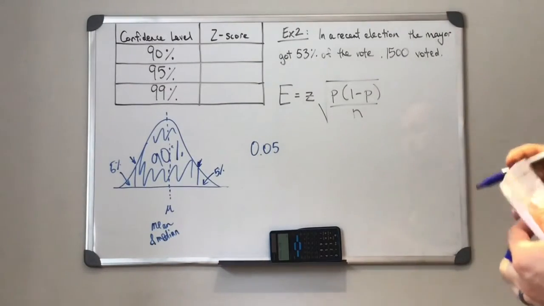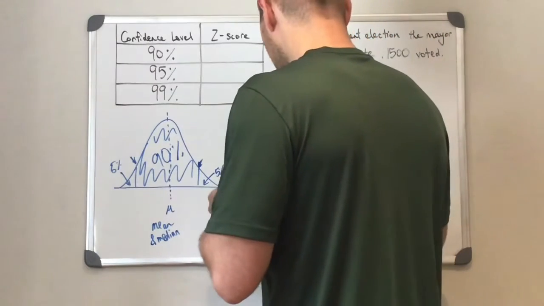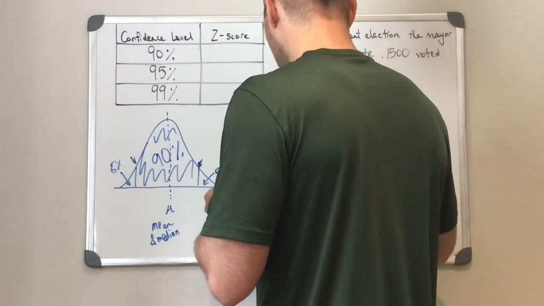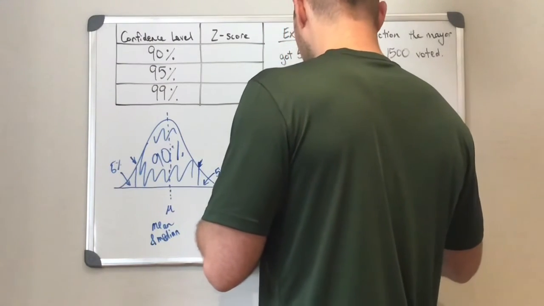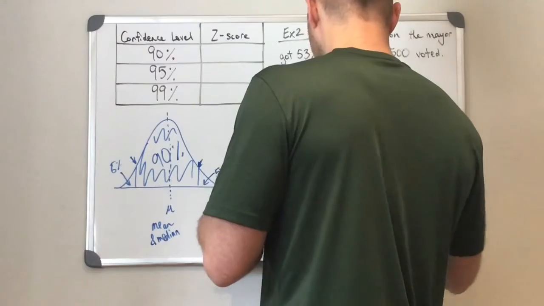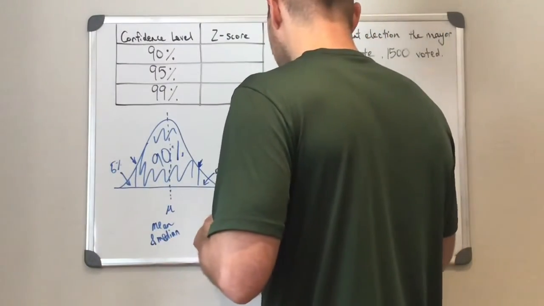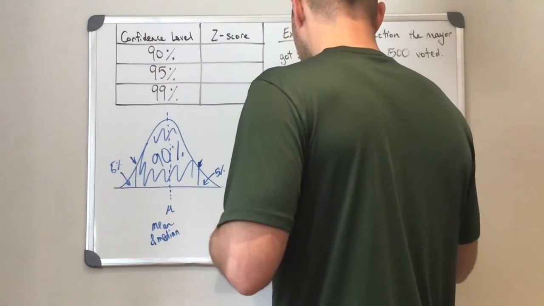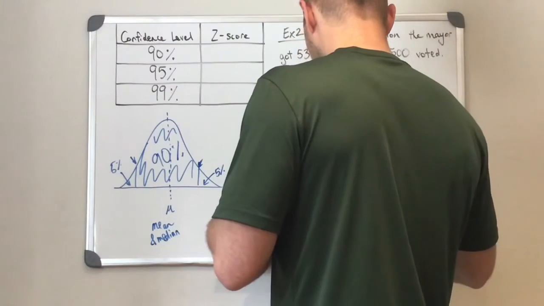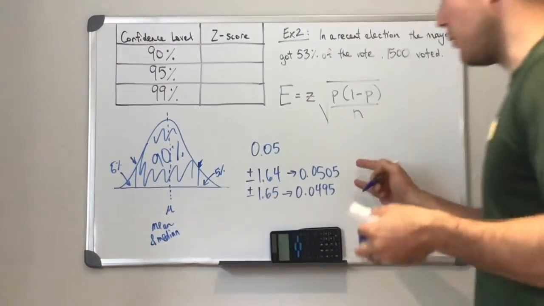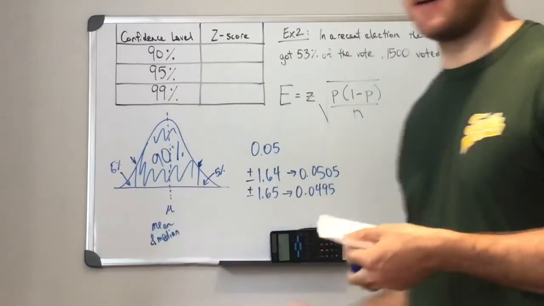inside the table. Okay, and what we're going to end up finding is that at positive or negative 1.64, you'll find 0.0505. Okay, so that's pretty close to 5%. And we'll also find that 1.65 is 0.495. So both of these were equally close to our 5% on each side.